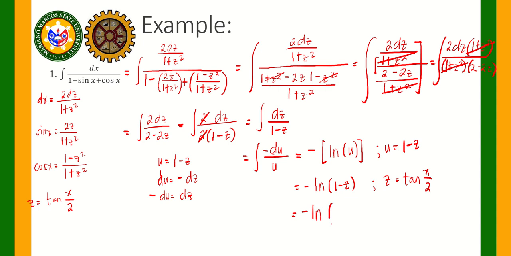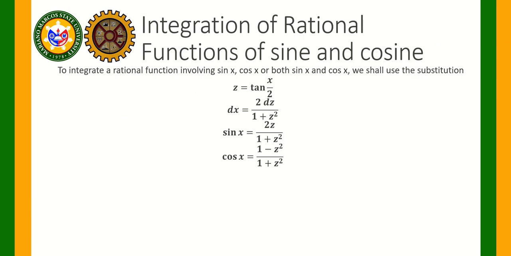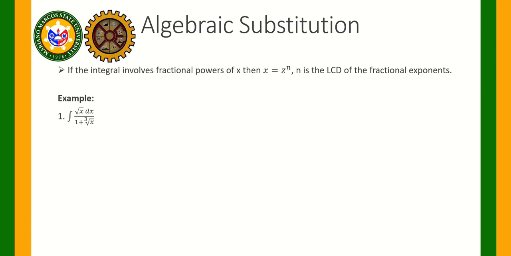Our final answer will be negative ln of 1 minus tangent of x over 2, and then, don't forget plus c. Okay. So, this is the final answer for example number 1. So, that is how you integrate rational functions of sine and cosine. You just need to remember these substitutions.